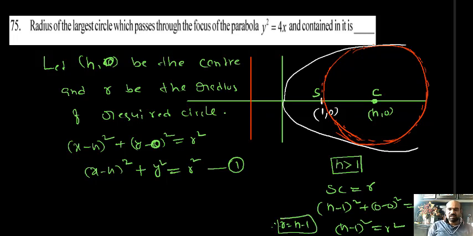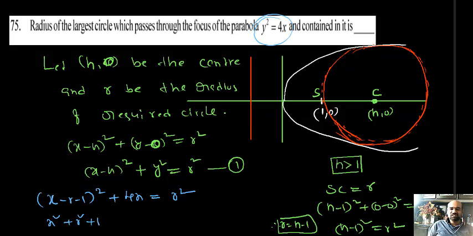I will substitute these values in equation 1. With r equal to h minus 1, x minus h becomes x minus r minus 1, plus y square, which is 4x, equal to r square. Expanding it using the formula for a plus b plus c whole square, we get x square plus r square plus 1 minus 2xr plus 2r minus 2x plus 4x equal to r square.